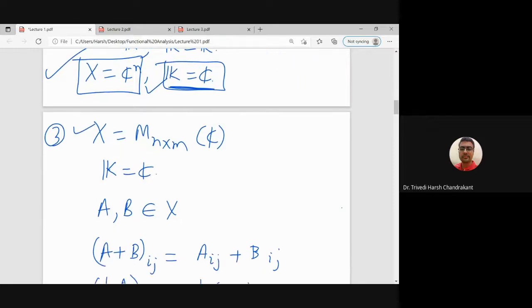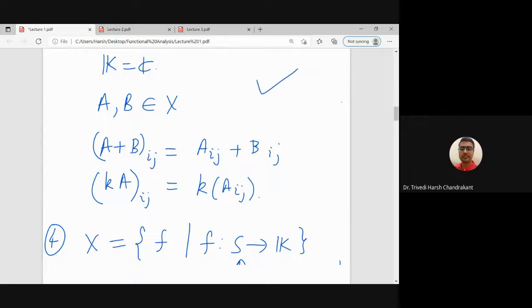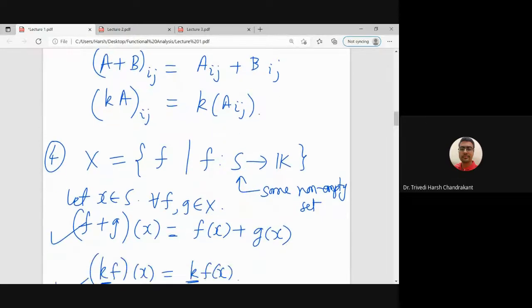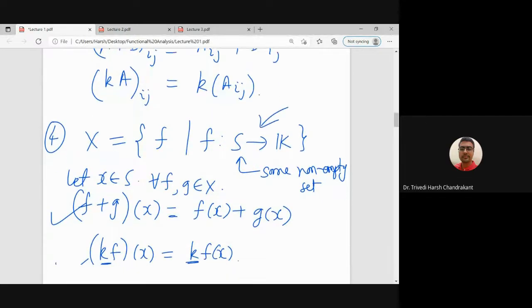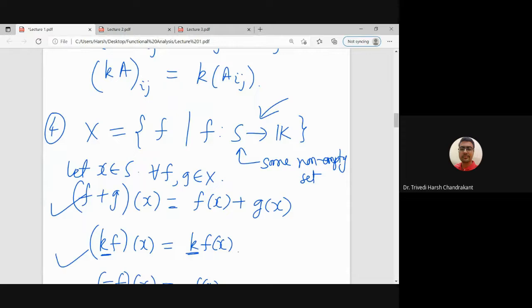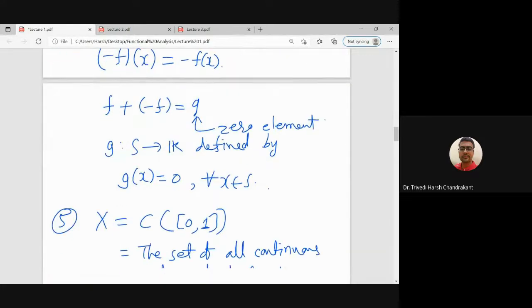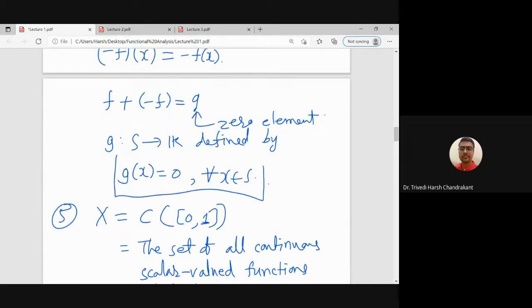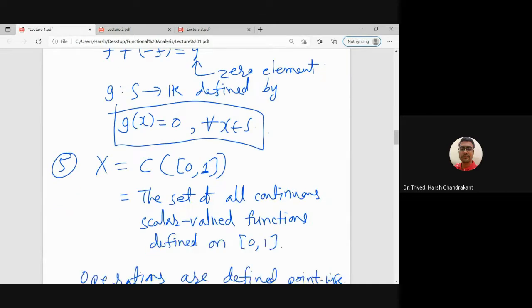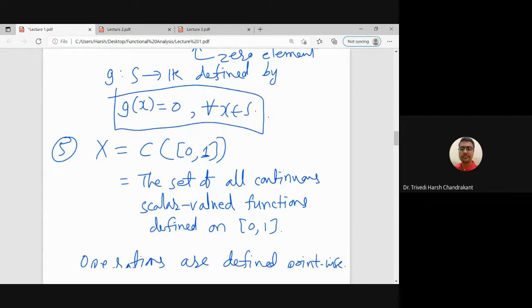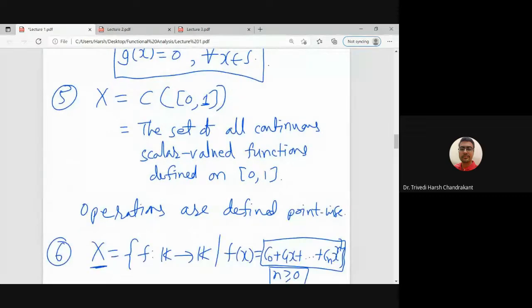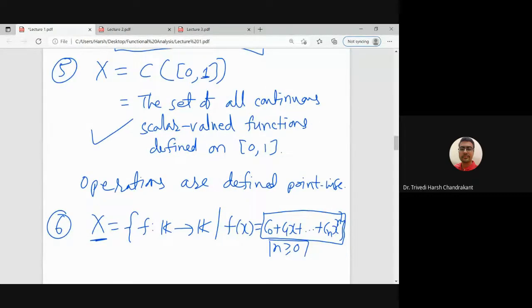matrices over complex numbers, matrices over real numbers. Then the function spaces: functions defined on a fixed set which are complex valued or real valued form a vector space where the zero element is the identically zero function. It has a subspace which is the set of continuous functions, right?